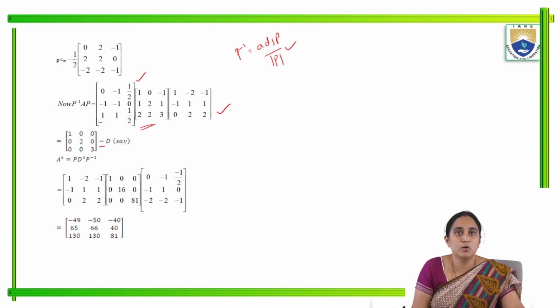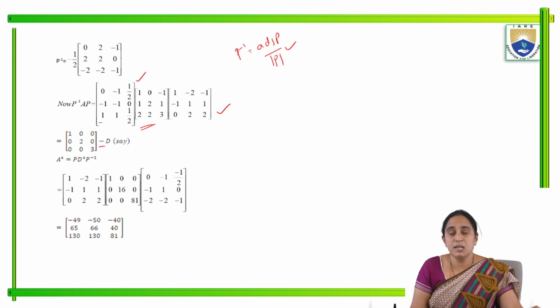This is equal to what? One D matrix. Observe whether the diagonal elements are equal to the eigenvalues or not. Here the diagonal elements are equal to the eigenvalues. So the given matrix is diagonalizable. This is the first case of the answer.